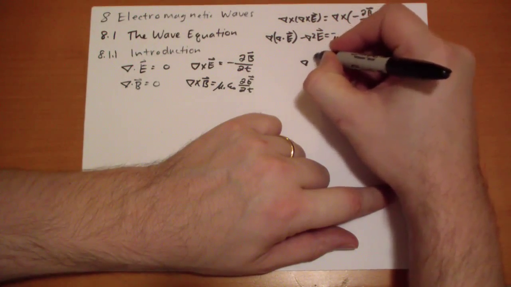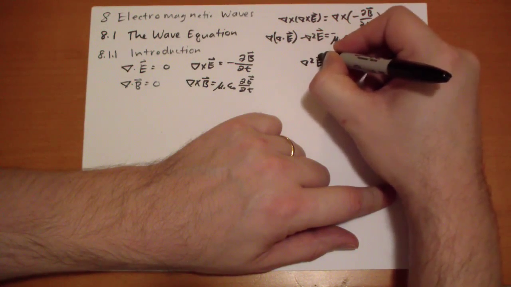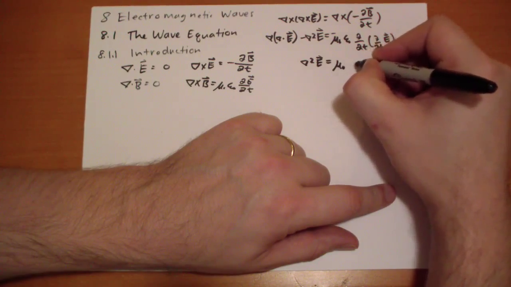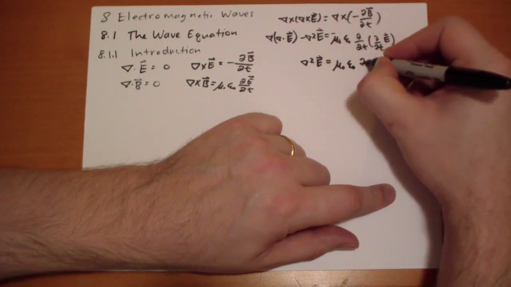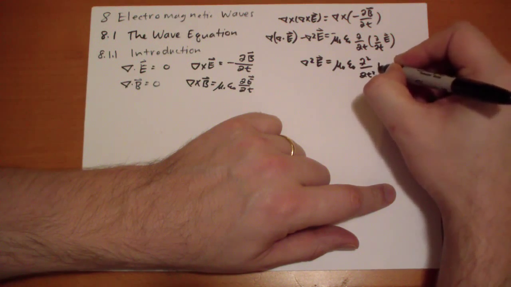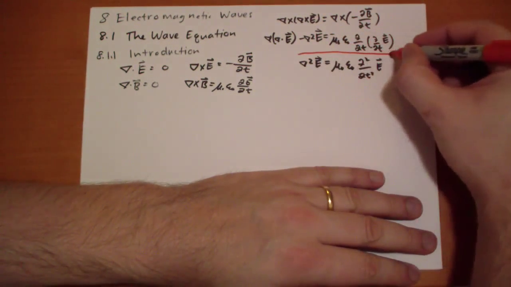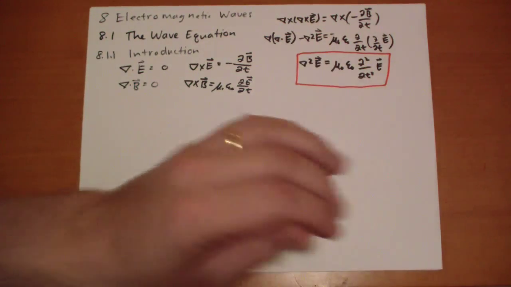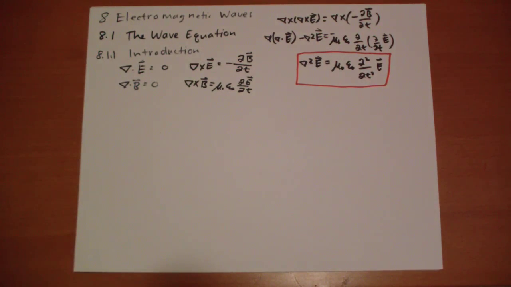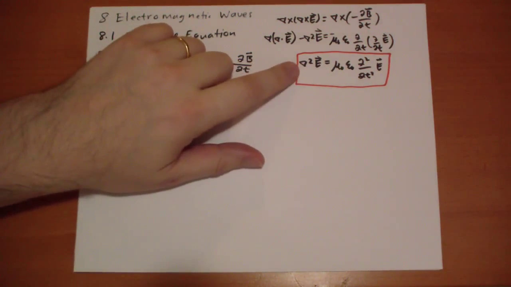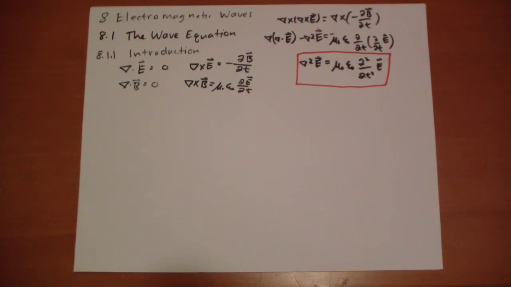So we end up with the Laplacian of E is equal to mu naught epsilon naught, the second derivative with respect to time of the E field. So we have here an equation that depends only on the E vector, but it's a second derivative with respect to time and second derivatives with respect to the various coordinates that you're using.